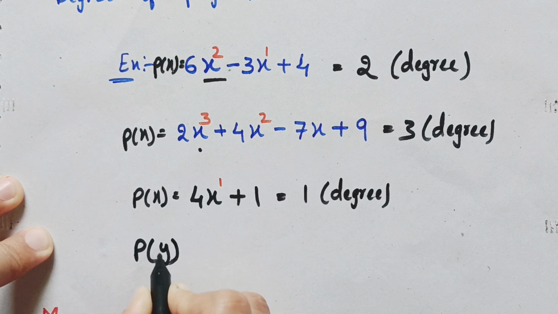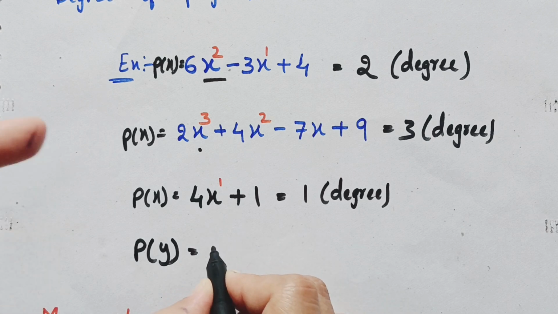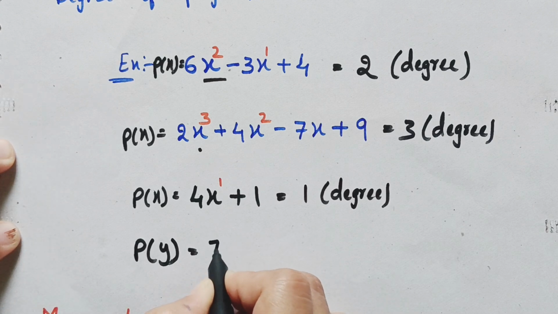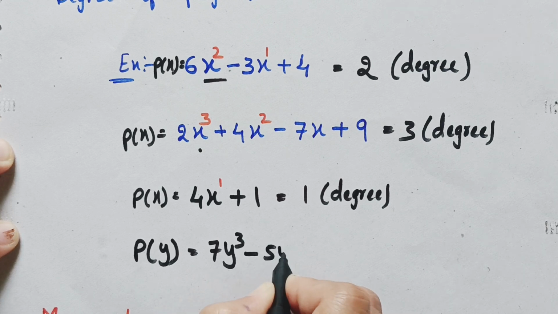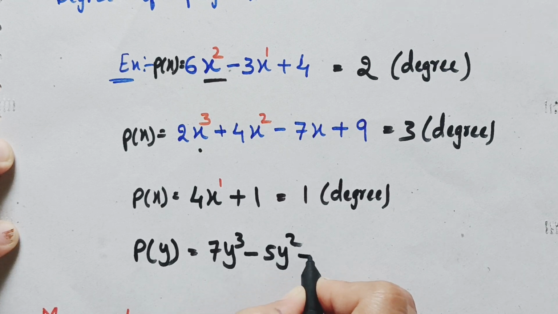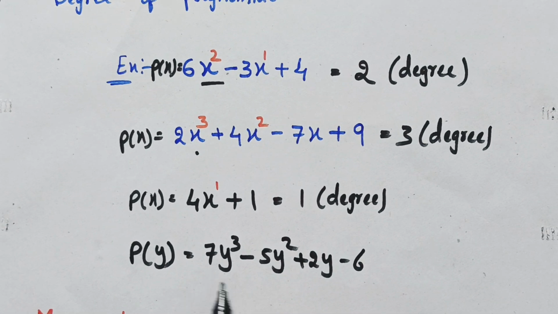Let us write another example. P of y. Why am I writing y? Because in this polynomial I am going to use y as a variable. So 7y cube minus 5y square plus 2y minus 6. This is a polynomial in a variable y.